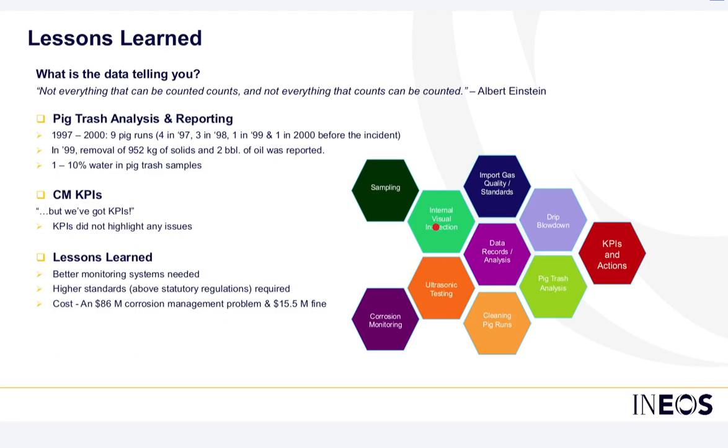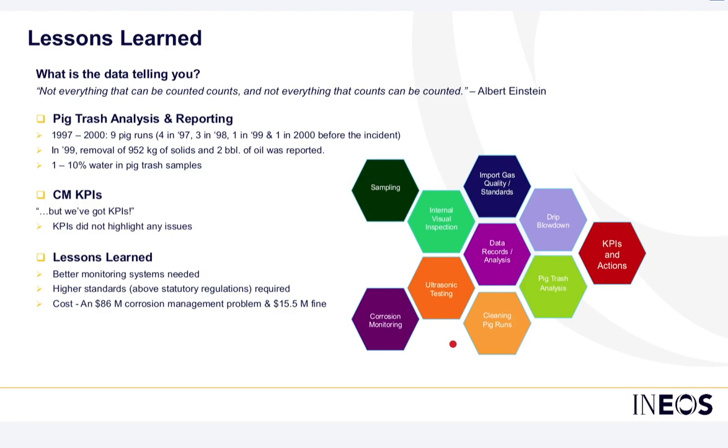In 1999, about a ton of solids was removed. When you have that significant an accumulation of material, then you should consider taking some really stringent steps to mitigate that. But unfortunately, none of these were significant enough KPIs to make them have a rethink about the integrity of the pipeline.